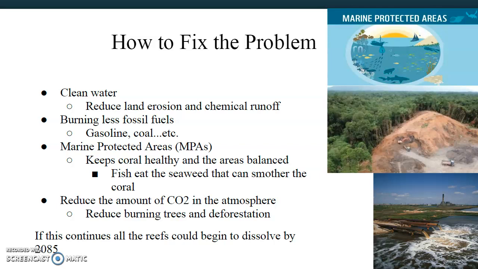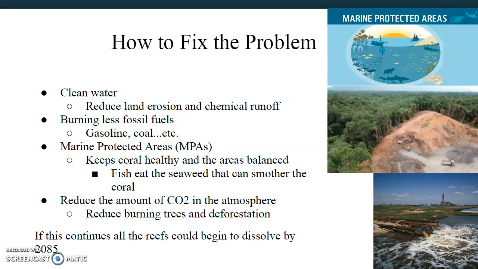Another one is just to reduce the amount of CO2 in the atmosphere. I know I've said this a couple times throughout this whole presentation. That's one of the main reasons why this is happening, because of that increased water temperature. So reducing the amount of deforestation and burning of trees and timber, that right there is the main reason why there's so much CO2 in the atmosphere right now.